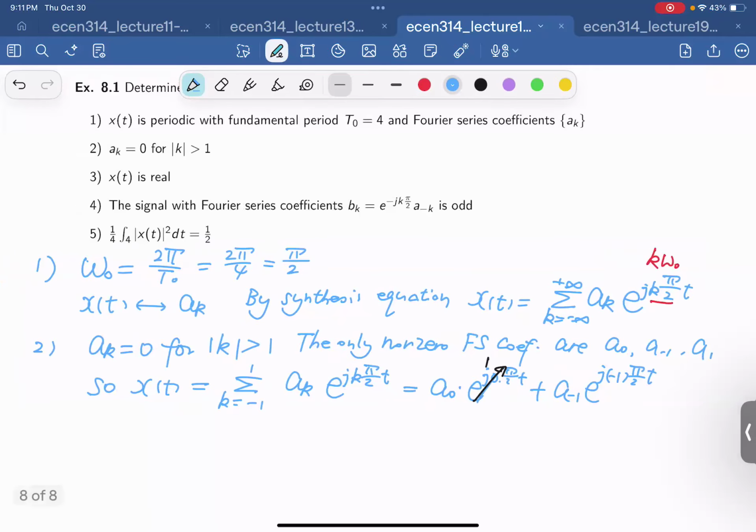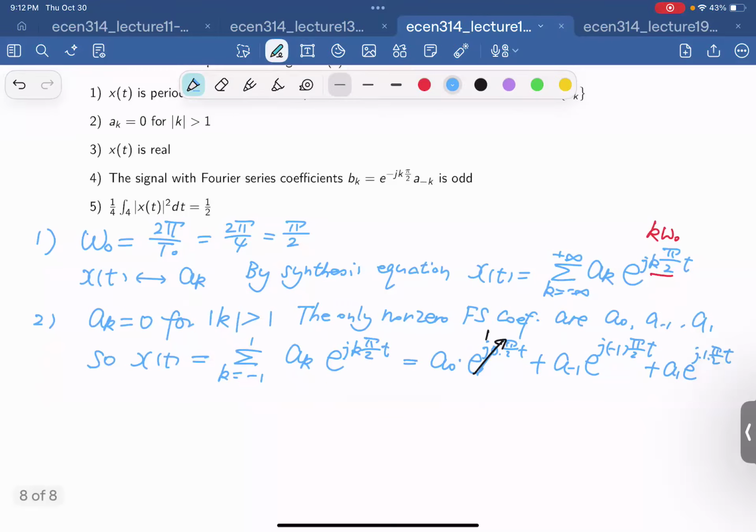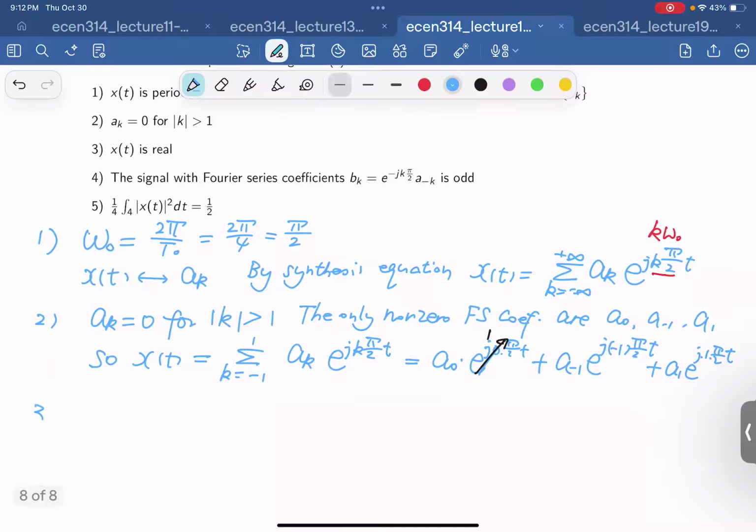And then we have one last term, that is a1 times e to the j times 1 times half pi t. Okay, so that's the new clue. We sort of combined the first two clues together already.